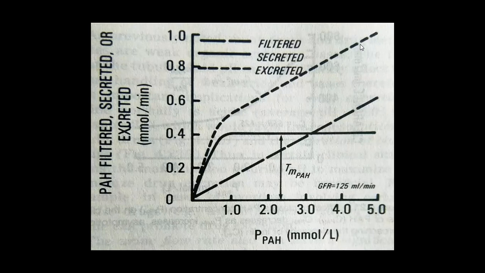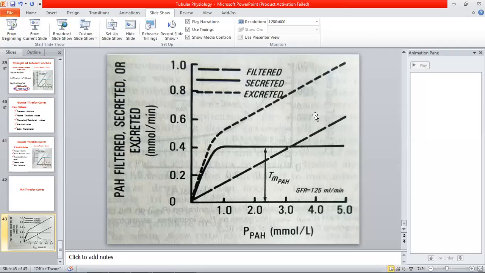So this is more or less the basic or fundamental principles of tubular function. I took two candidate molecules, glucose and para-aminohippuric acid, and attempted to describe and justify the various aspects of tubular function. So that's all.